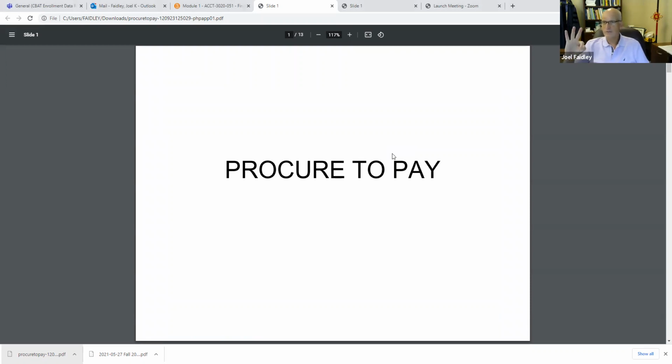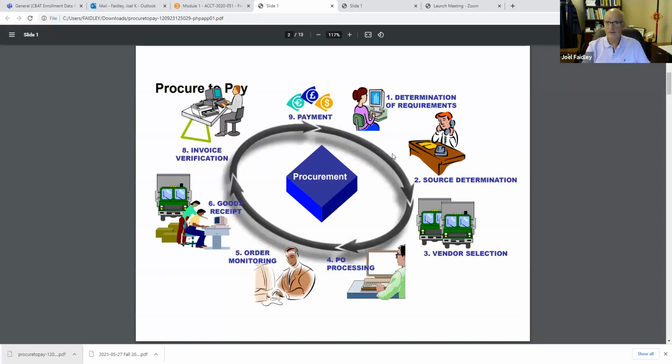The three-way match. You got to have a purchase order, receipt, and invoice in order to generate payment to a vendor. And hopefully you have segregation of functions so that all three of those are separate, in addition to some other things. But this is an SAP handout that I found just through a Google of the procure to pay cycle.